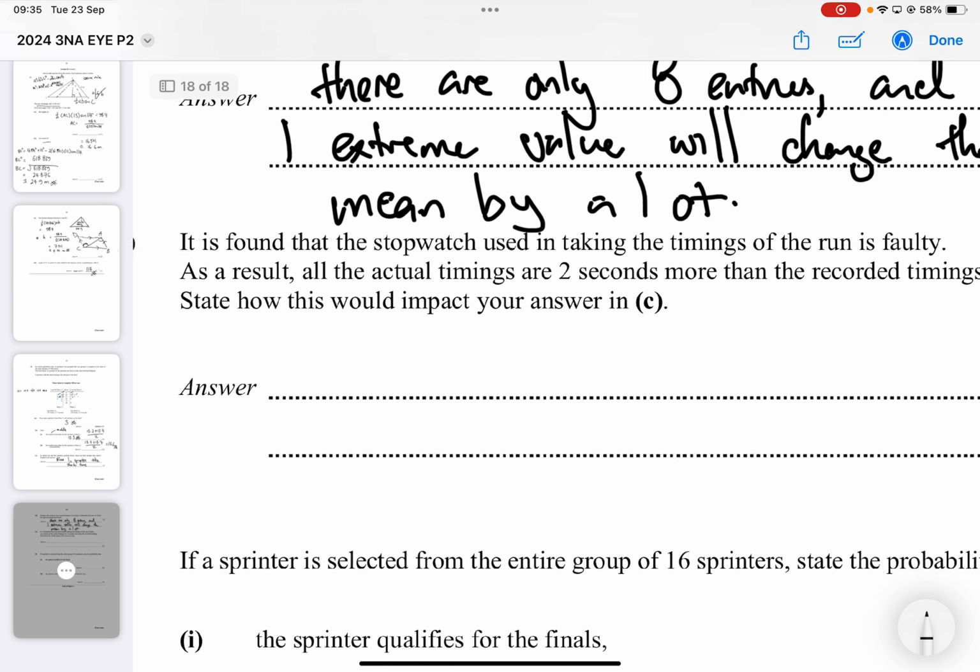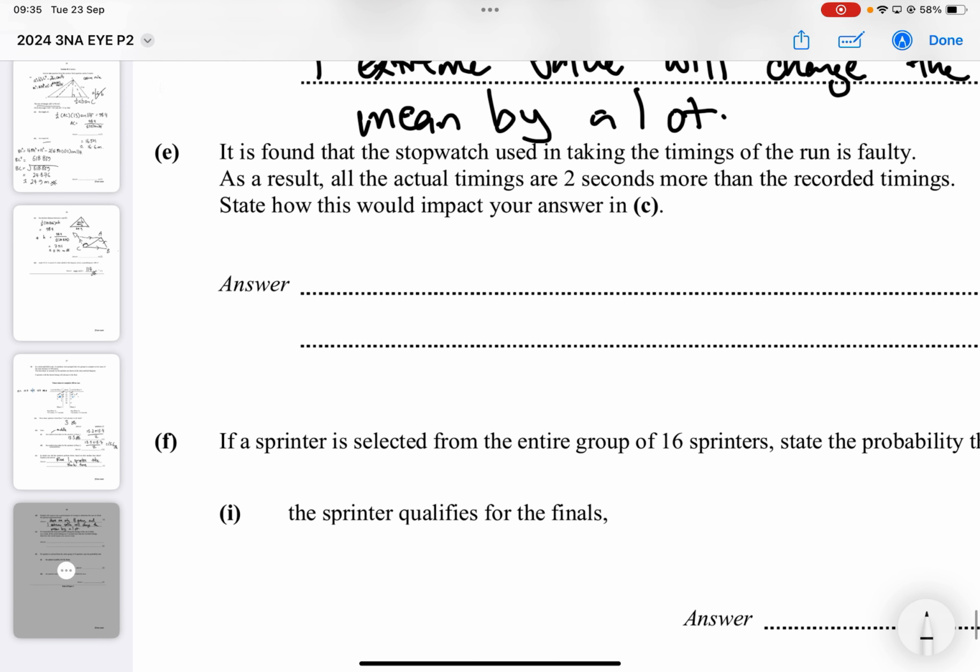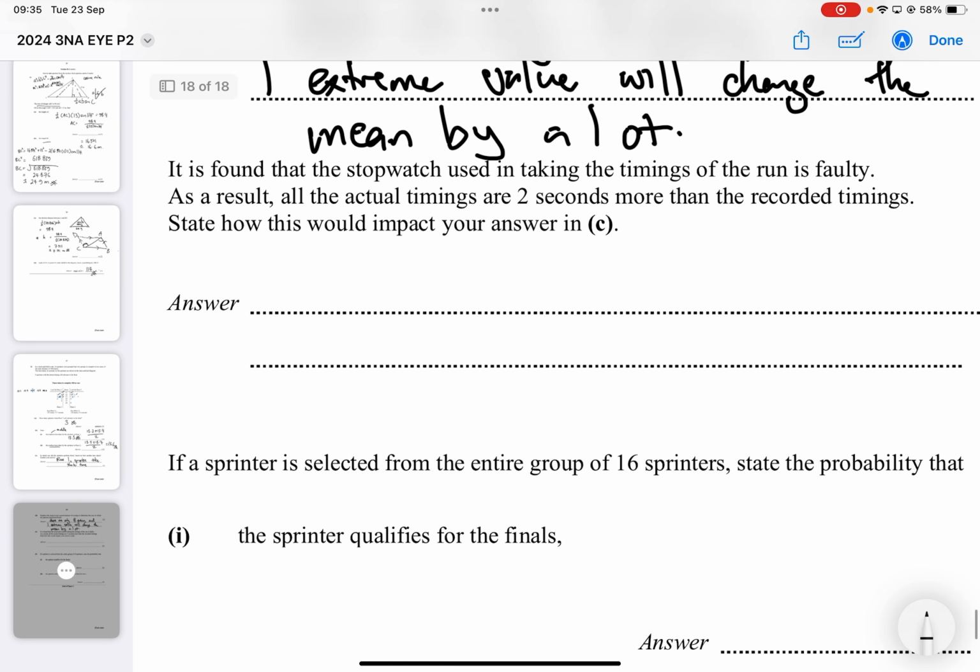Okay. It is found that the stopwatch used in taking the timings of the run is faulty. As a result, all the actual timings are 2 seconds more than the recorded timing.